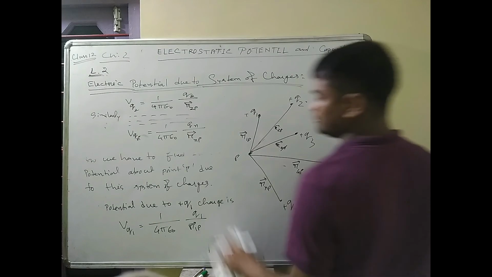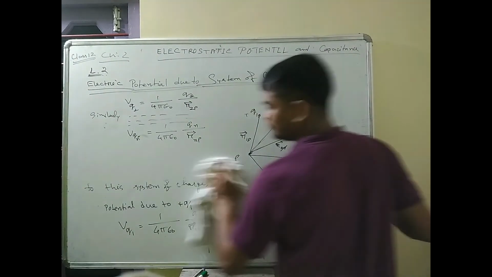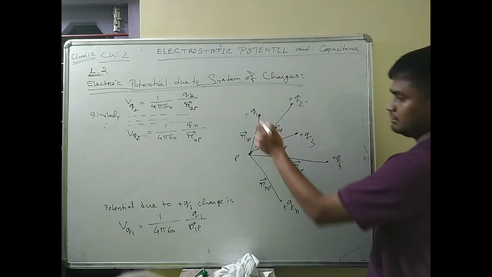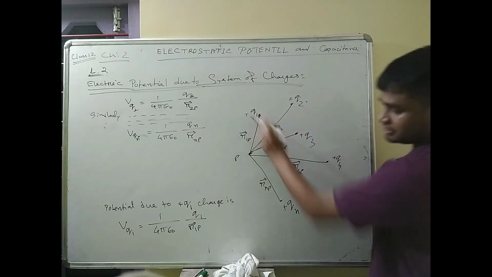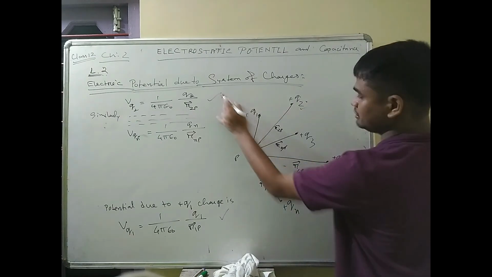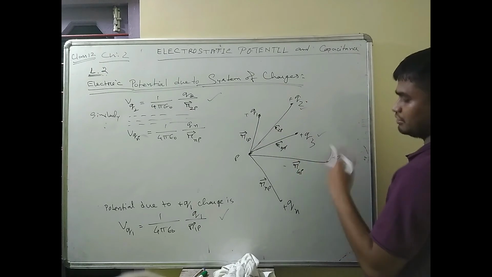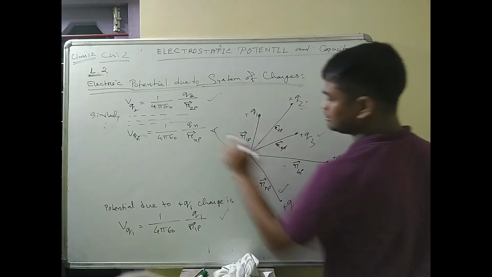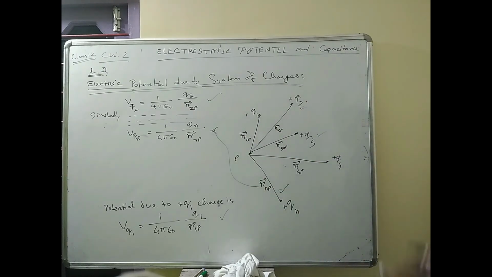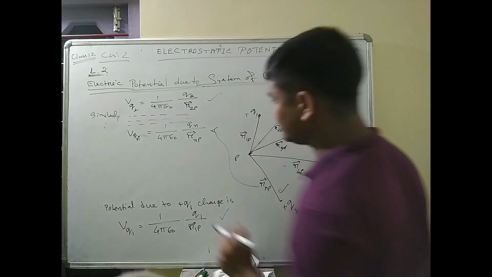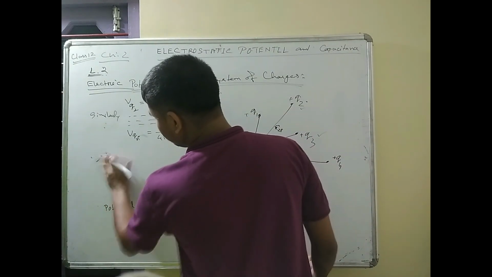Clear? So we find the potential due to Q1 is this one, Q2 is this, and similarly Q4, Q5, and Qn.